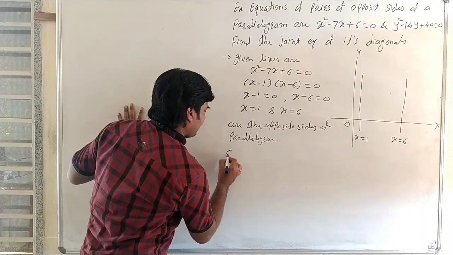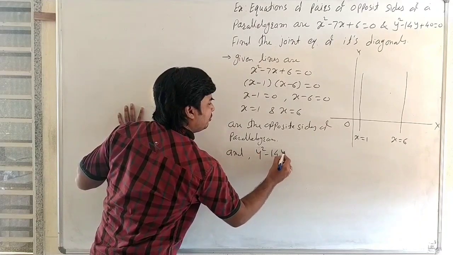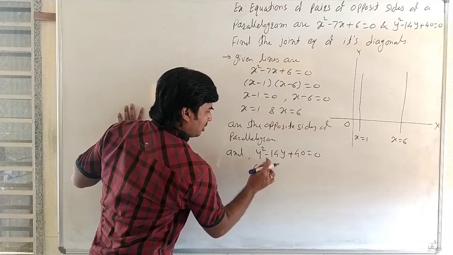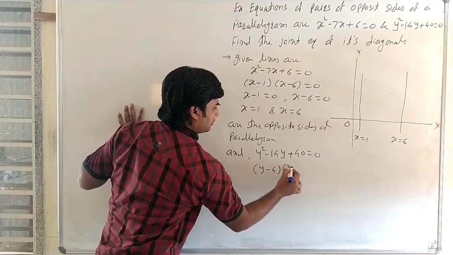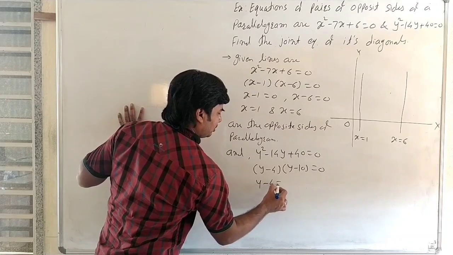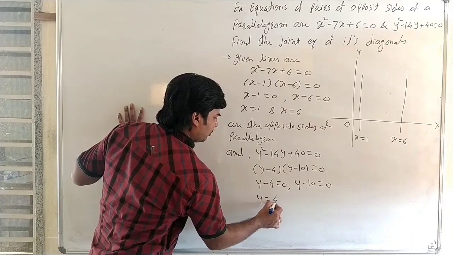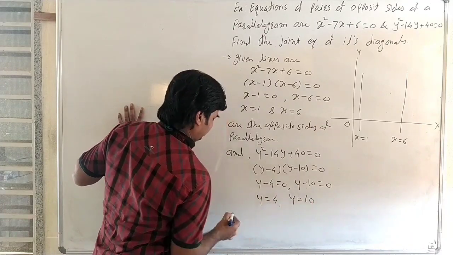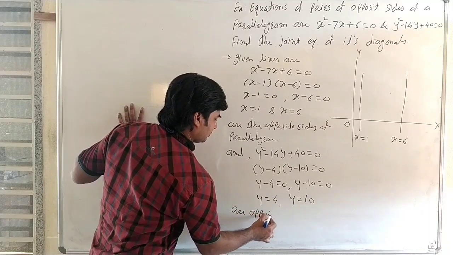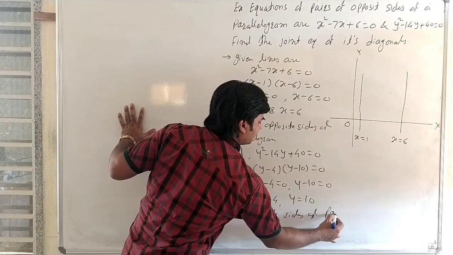Now the second equation, y square minus 14y plus 40 is equal to 0. Take the factors, it is y minus 4 and y minus 10 is equal to 0. Therefore, y minus 4 equal to 0 and y minus 10 equal to 0. Therefore, y is equal to 4 and y is equal to 10 are opposite sides of the parallelogram.